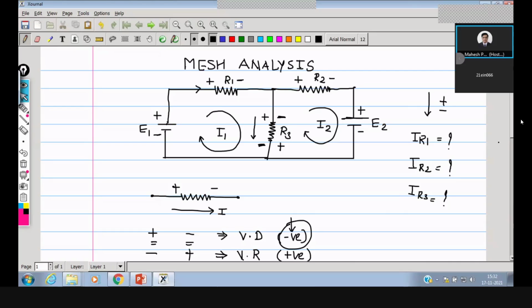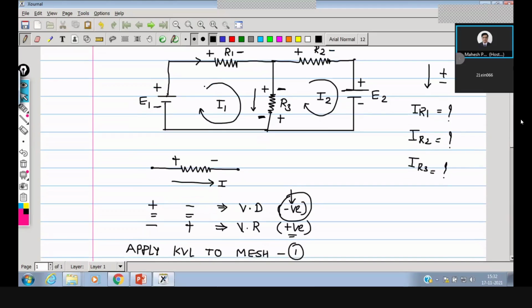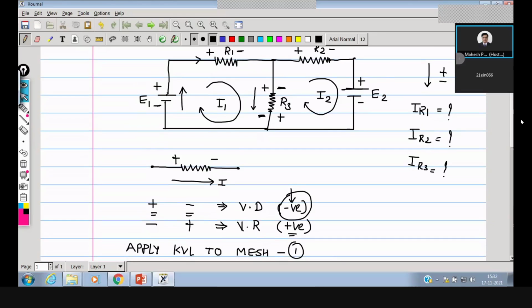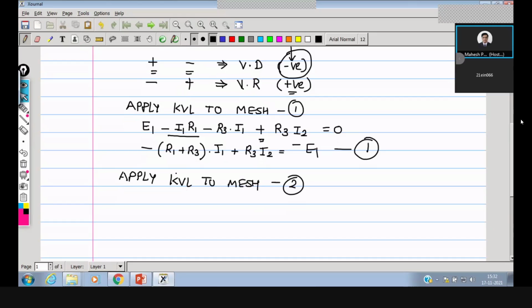So we consider it as minus E2 because of the direction; earlier we considered plus E1, so here it will be minus E2 according to the sign conventions we learned before. So we can write minus E2.